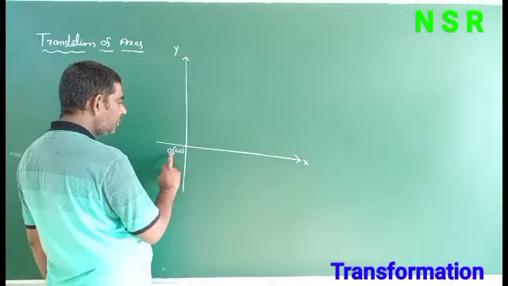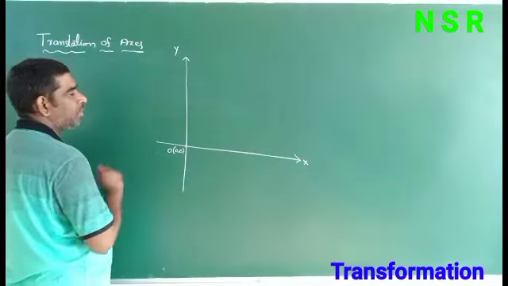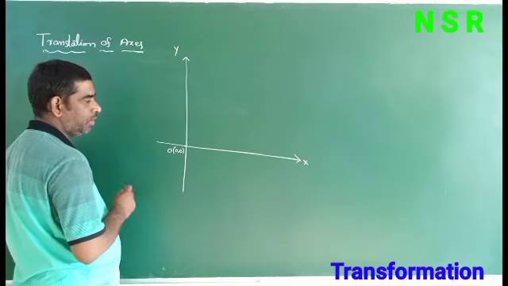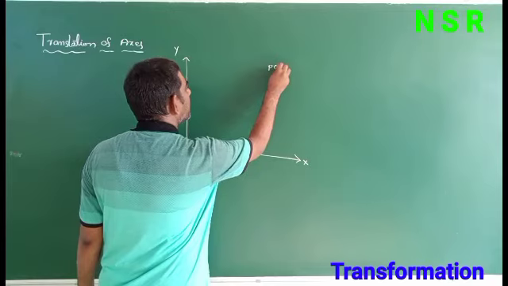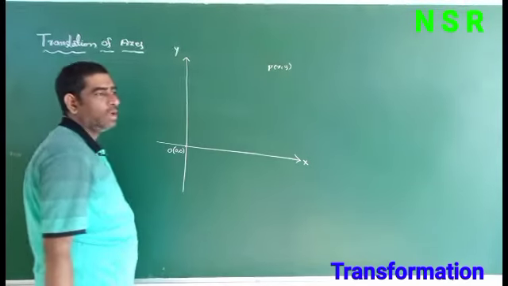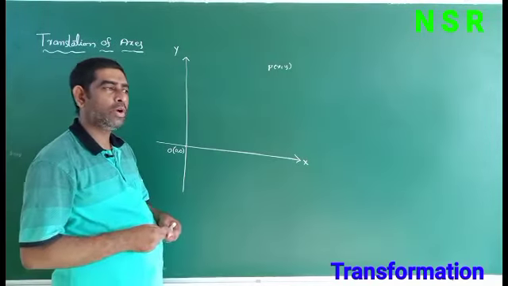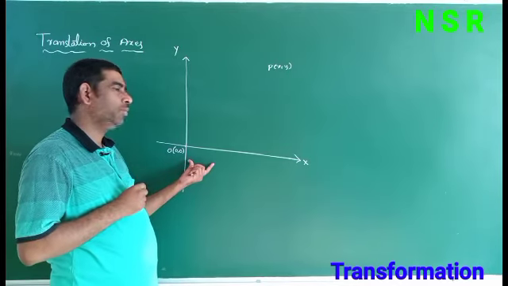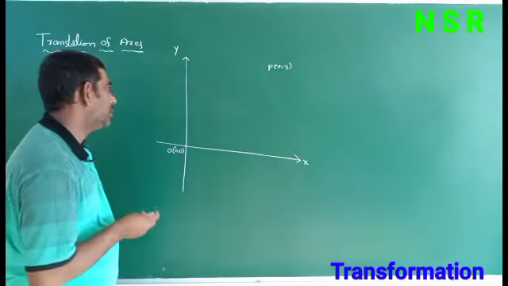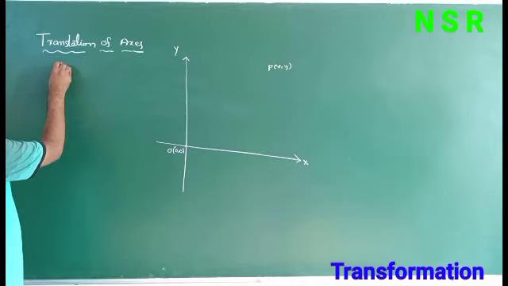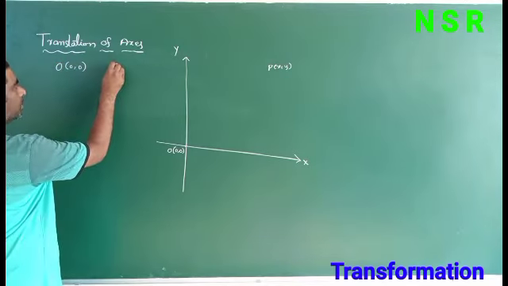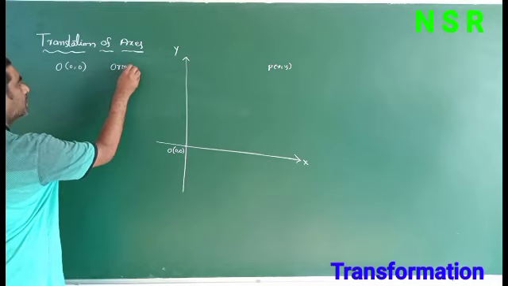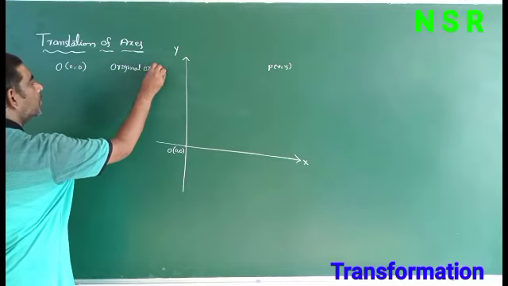Now here the origin is 0, 0. Take any point P(x, y). P(x, y) is the position of a point with respect to the original axis. This O, 0, 0 is the origin with respect to the original axes OX, OY.